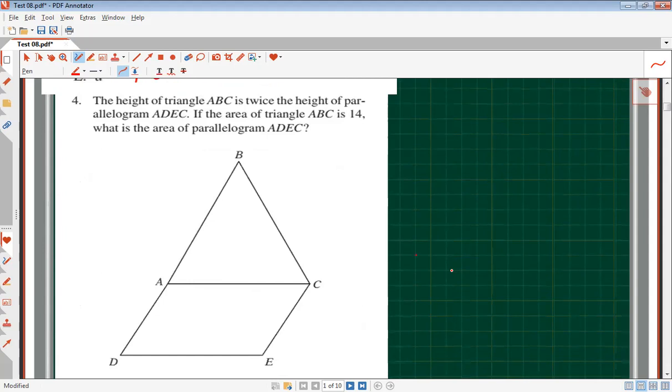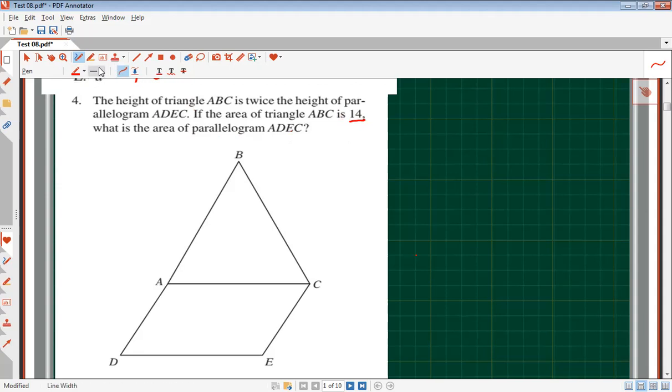Question number 4. The height of triangle ABC is twice the height of parallelogram ADEC. If the area of triangle ABC is 14, what is the area of parallelogram ADEC?